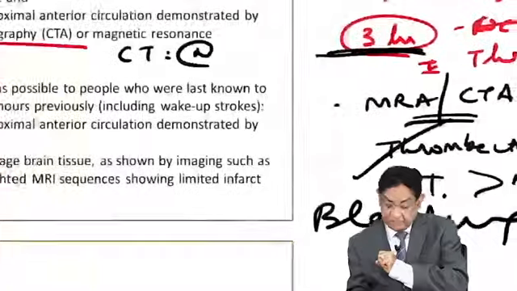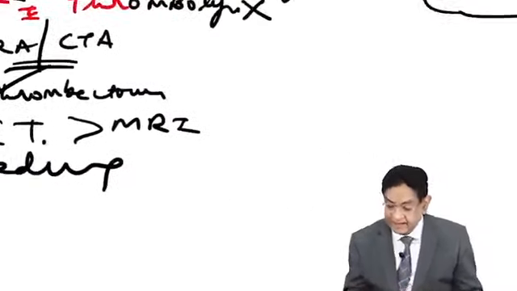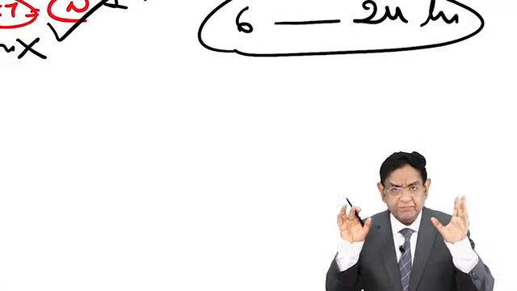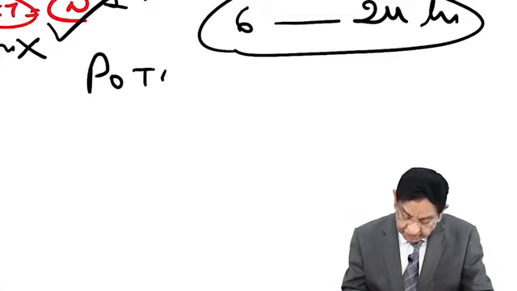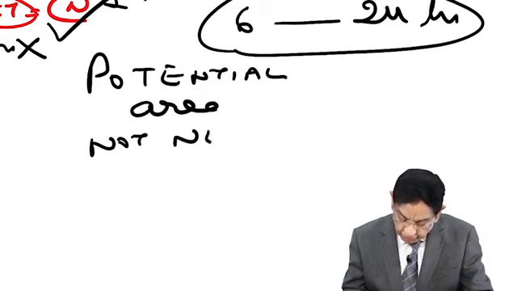But what we do, we have done the cerebral angiography, or MR angiography, and we find there are some potential areas which have not necrosed yet.